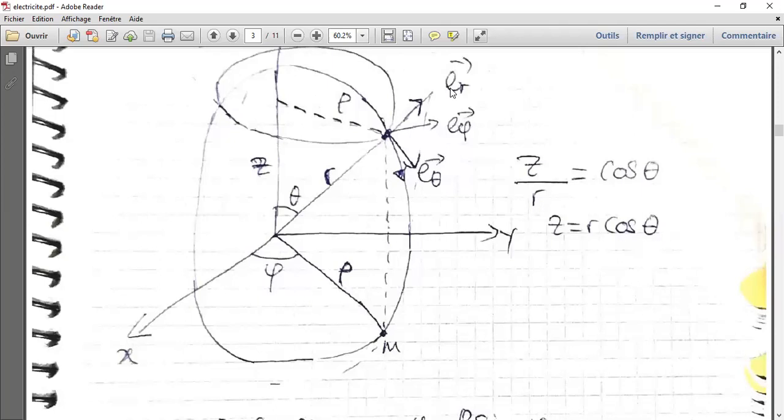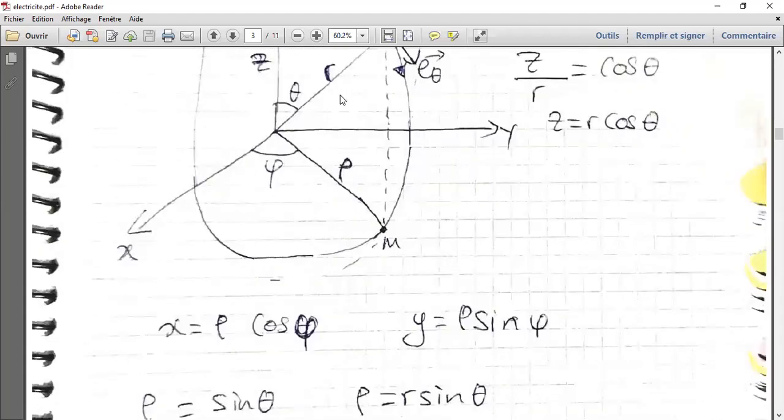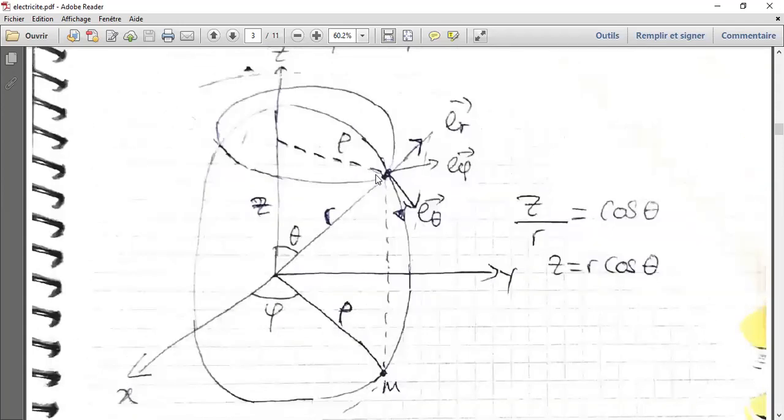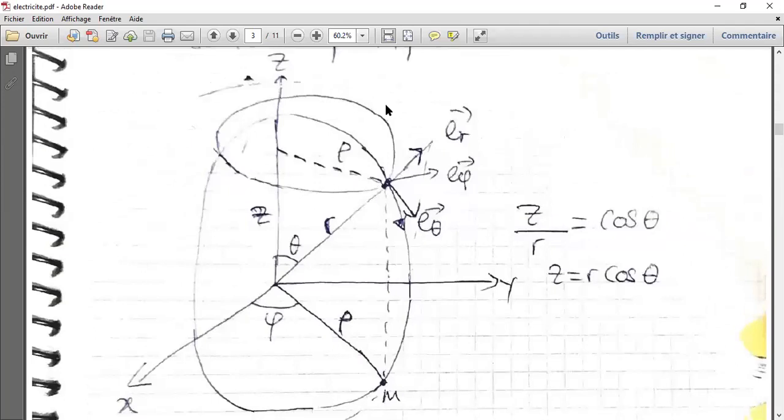So the question is, where does r sine theta come from? As we said earlier, this distance represents rho, which is the same as this distance, which is rho also. Now we want to find mm prime. When you are moving a point around this lateral circle, the phi is changing, which is d phi, but the radius rho is always the same. Sorry, I made a mistake: rho is for the circle which goes round.